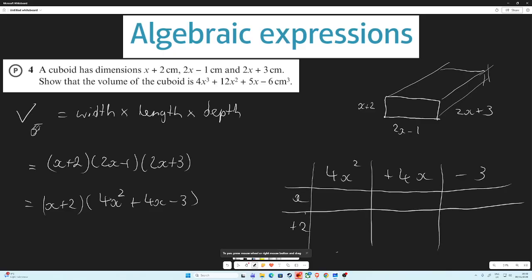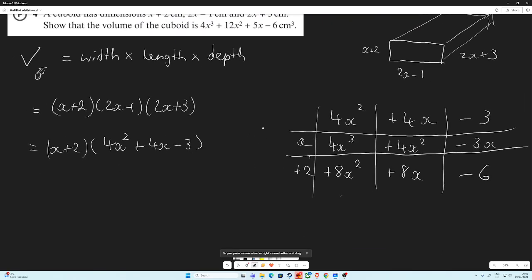So what we have is 4x cubed plus 4x squared minus 3x plus 8x squared plus 8x minus 6. So let's bring it all together. The answer is 4x cubed plus 12x squared plus 5x minus 6. And of course it's centimeters cubed because it's volume. So the answer is as required. That's the question done.